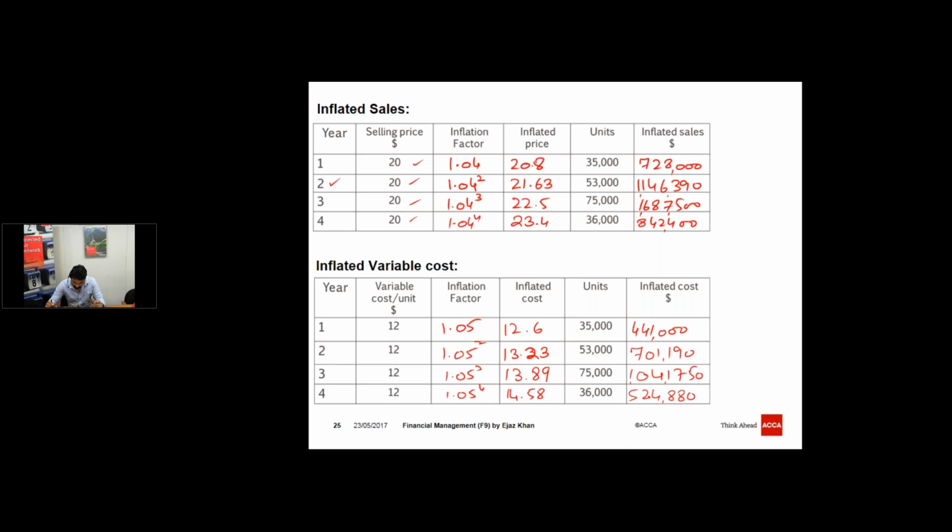So anyone having any question, just quickly ask, and otherwise we'll move forward. So we are done with the inflated sales. We are done with the inflated variable cost. If anyone has any question.